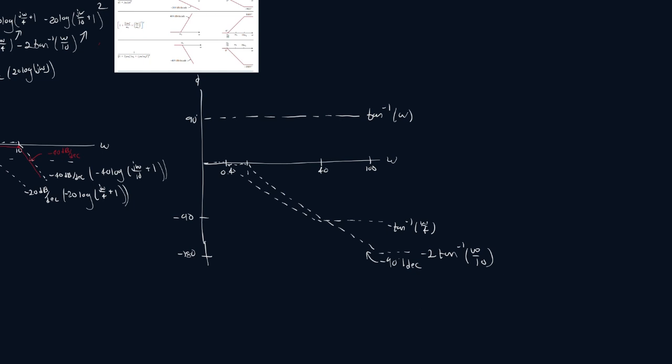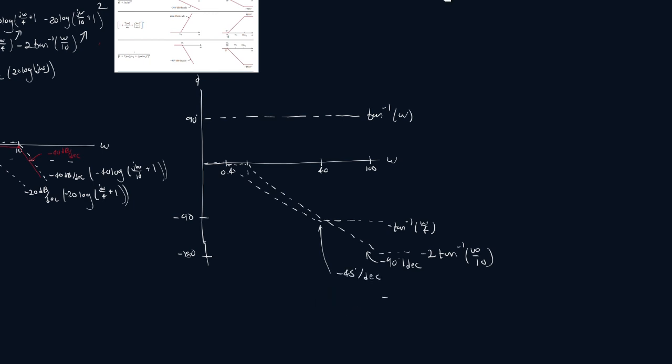And then for this one, it's minus 90 minus 0 all over log of 40 over 0.4. Let me write that 0.4 properly, and let me get the slope. And it's minus 45 degrees per decade.